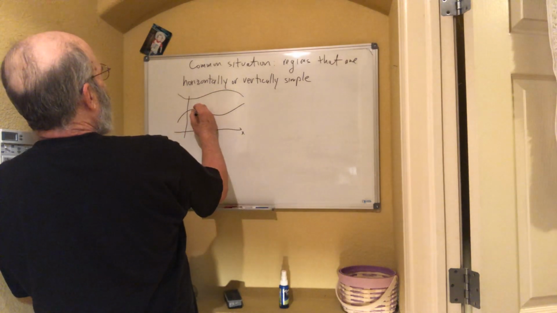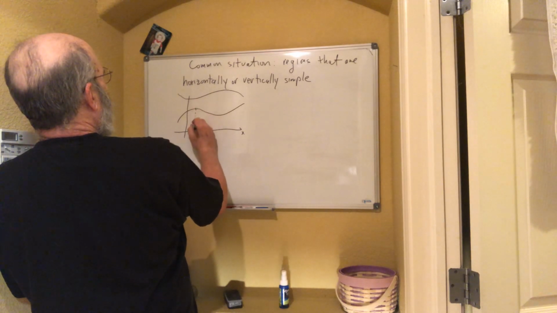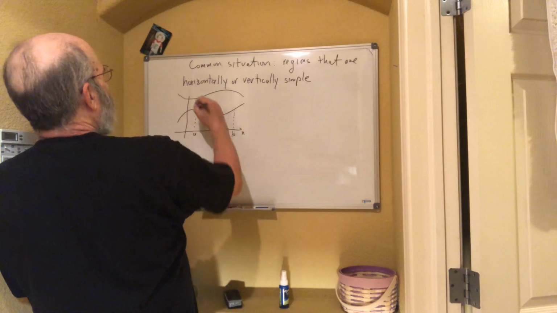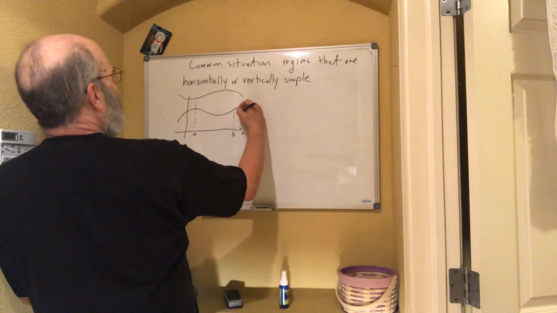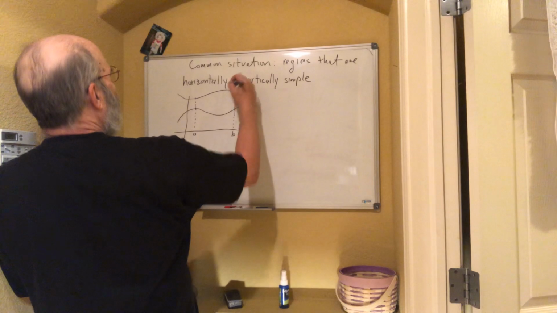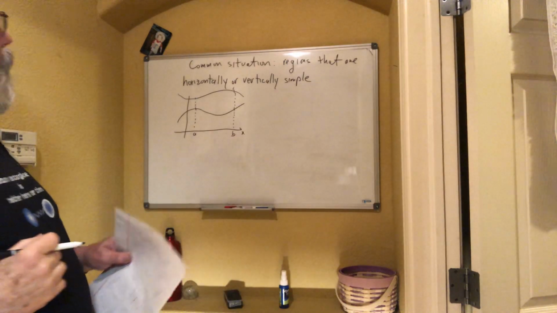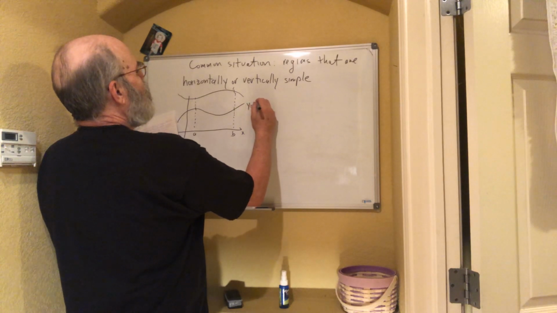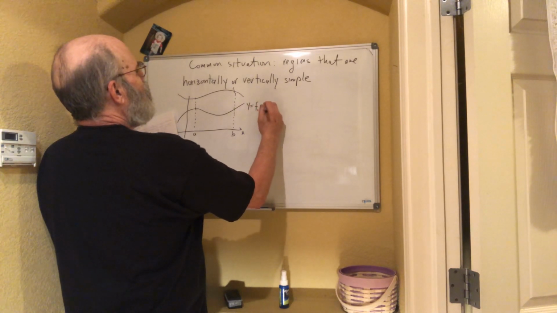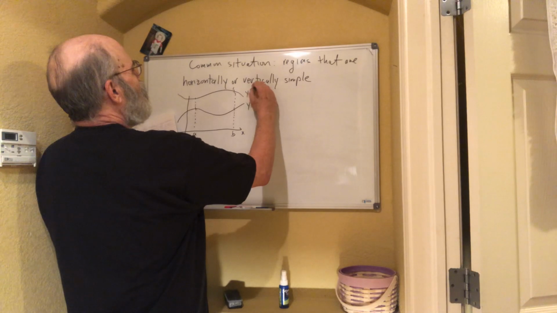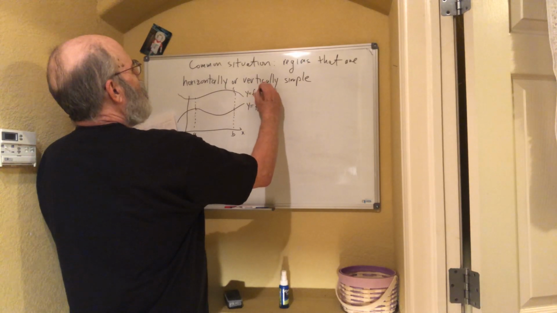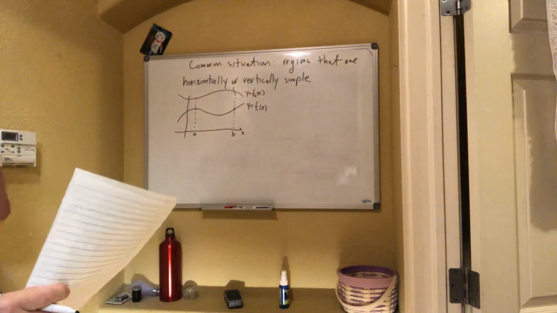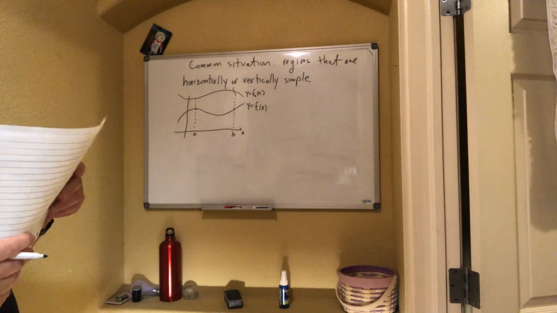So let's say we're integrating x from some point A to the other limit B. And then what I have here are two functions like that, say, that give y as functions of x.